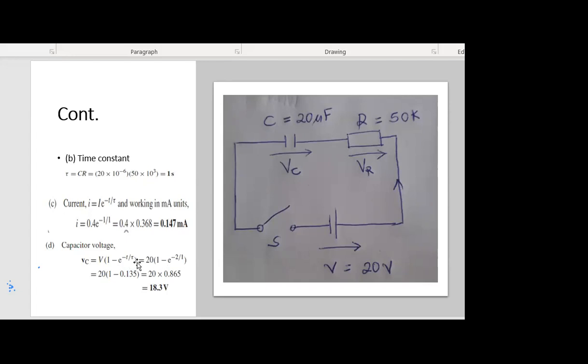We have tau is 1 second, then we have time 2 seconds. We substitute, we get the answer.